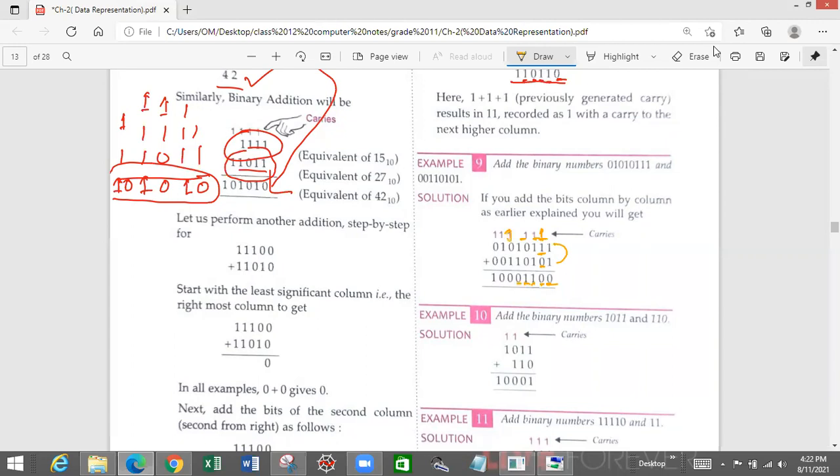So carry is written here. Now 1 0 and 1 is there, so two ones are there. Again 0 with a carry 1, I have written it here. Now 1 and 1, again 2 ones are there with a 0, so it will be 0 with a carry 1. Now this carry and this all are zeros, so 1 plus 0 will be 1, and our answer will be 1 0 0 0 1 1 0 0.